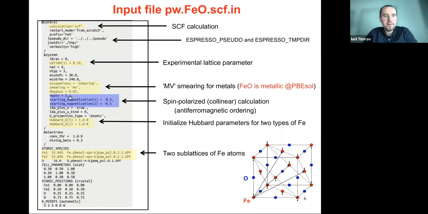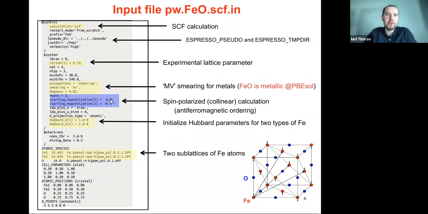So here we specify nspin equals 2, which means this is a spin-polarized collinear calculation. And we need to specify two parameters, the starting magnetization for type 1 and for type 2. We need to specify a value in the range from 0 to 1 or from 0 to -1. In this case, we just take something like 0.5 and minus 0.5.